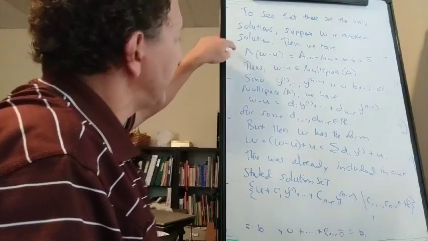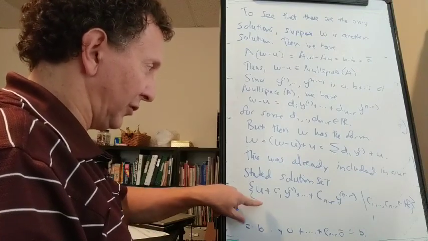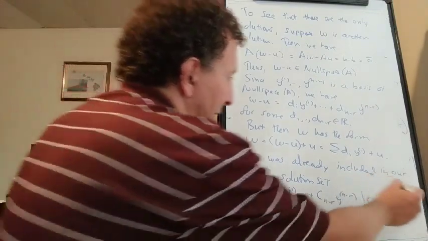So if we find another solution W, it's really part of the solutions that we already listed. So it's true to say that all solutions have this form.